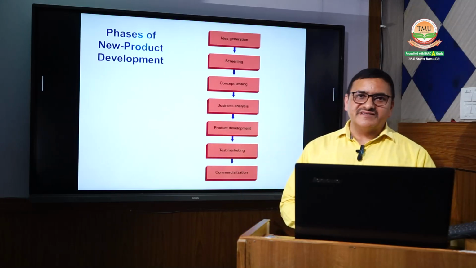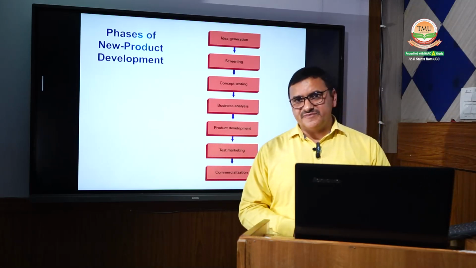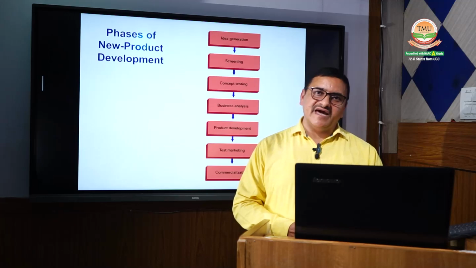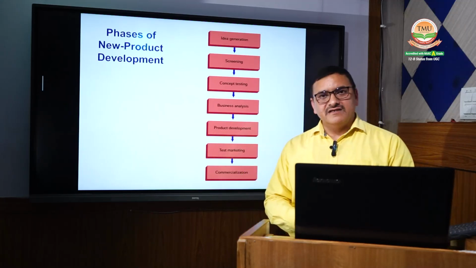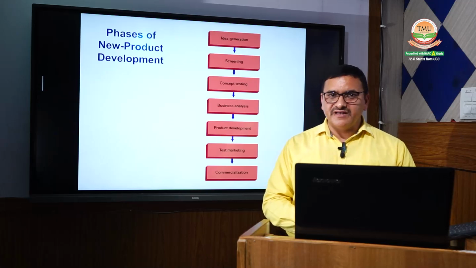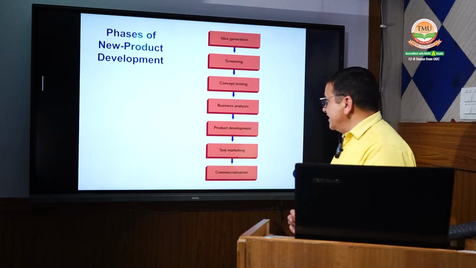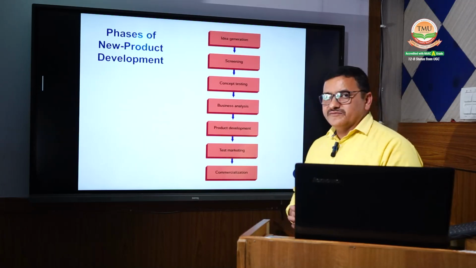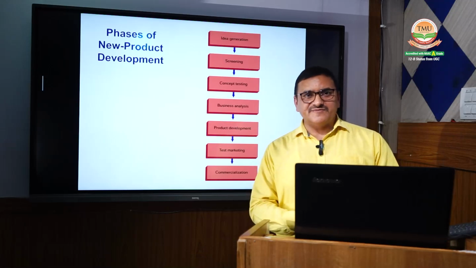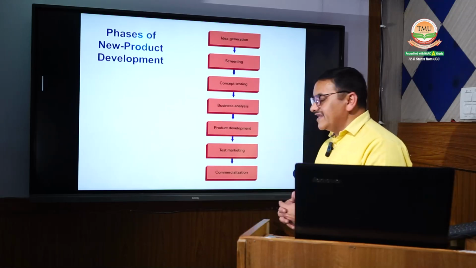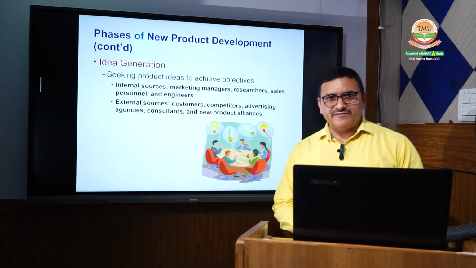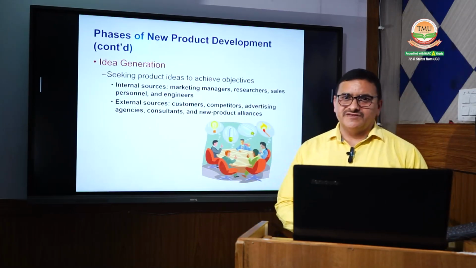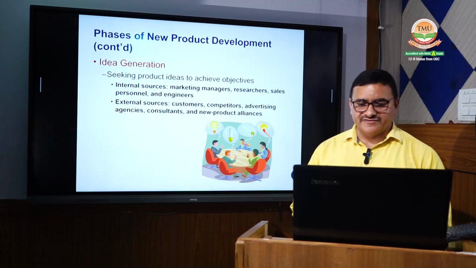Then we will go for business analysis. Business analysis means whatever concept we have decided or we are going for, does it have business feasibility or not. Then after analyzing the business, the product will be developed for the test marketing phase, and finally we will go for commercialization of the new product. Now we will take one by one all the phases which are required or needed in the development of new products and services.